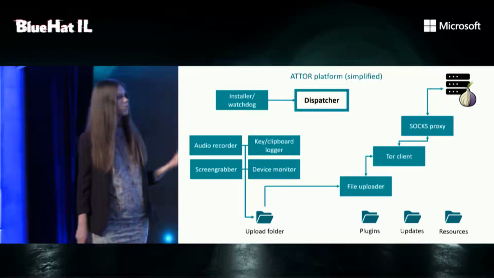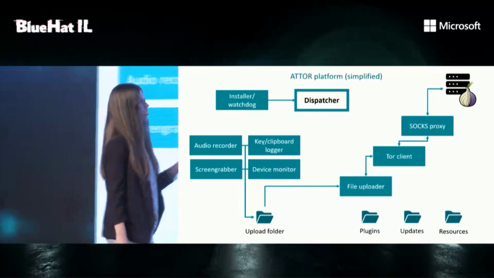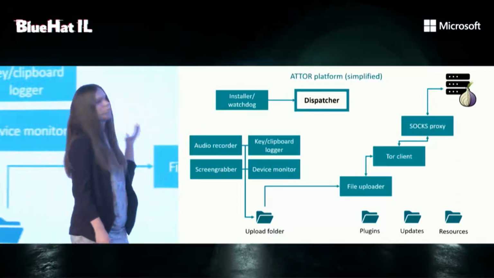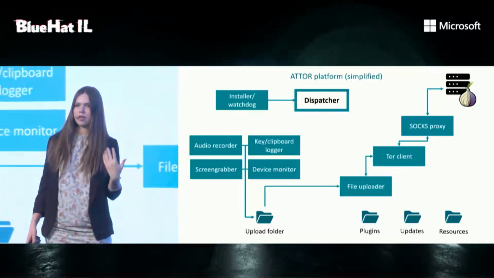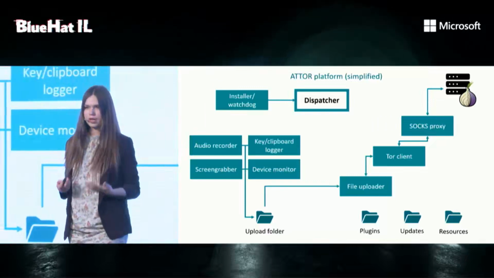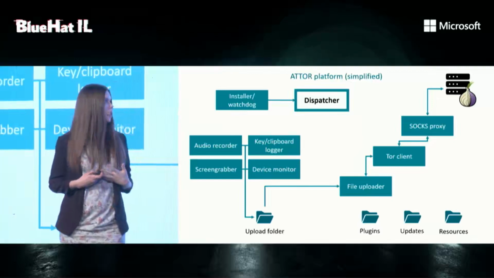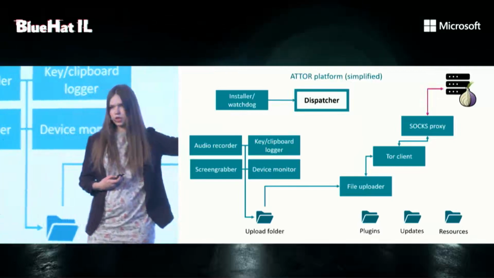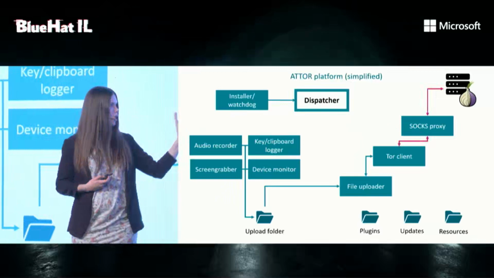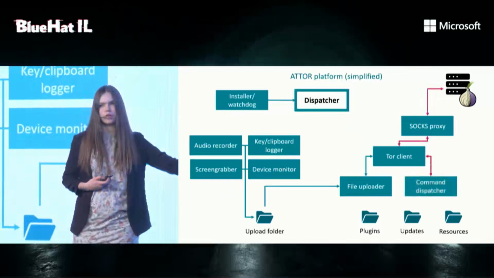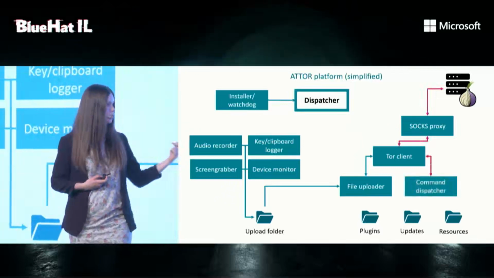And that was just one part of the communication, but also the server wants to reach back to the compromised computer so that it can send some additional code or data or commands. And this is again done using the SOCKS proxy and Tor plugin. And this time the commands get relayed to another plugin that we named a command dispatcher.